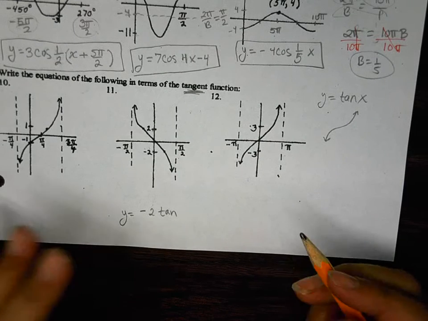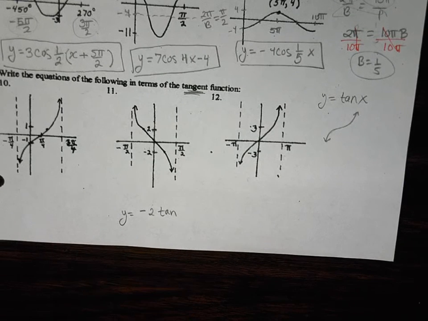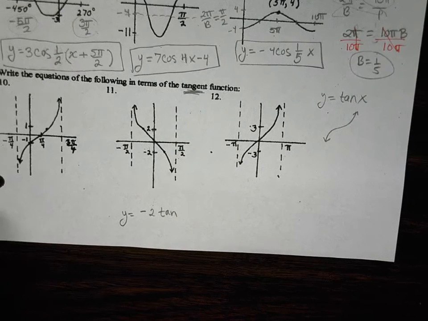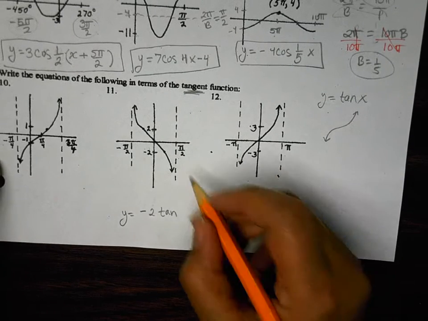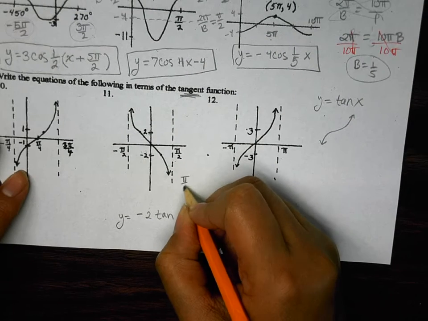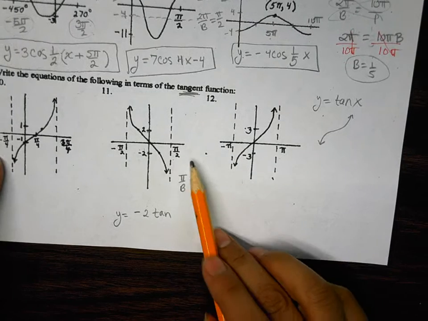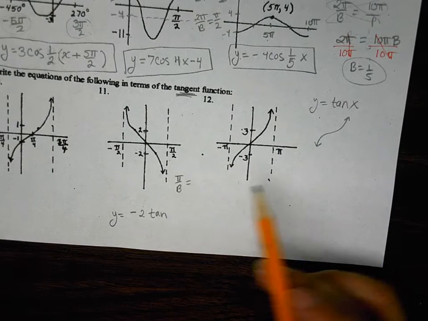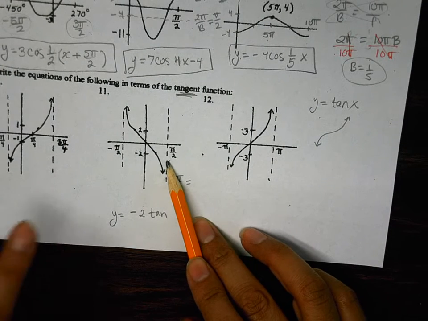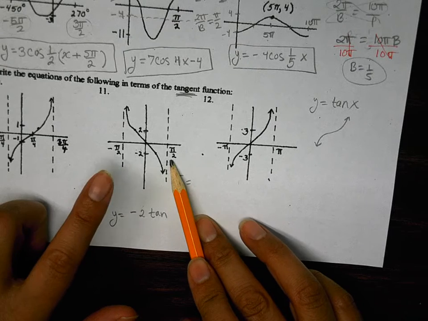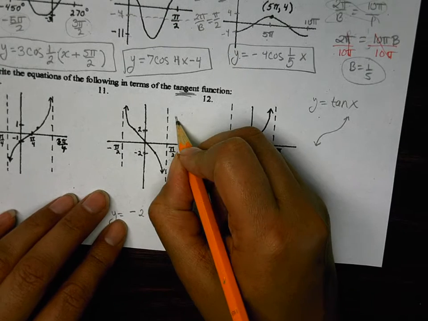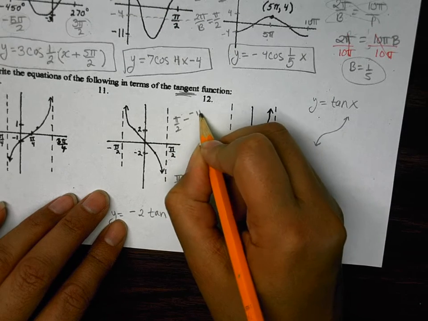Now, bx, what is b? Now, very careful. 2 pi over b equals the period length, or pi over b? Pi over b equals, now how do I find the period length? Same way? Right minus left, or end minus start. Pi over 2 take away negative pi over 2.